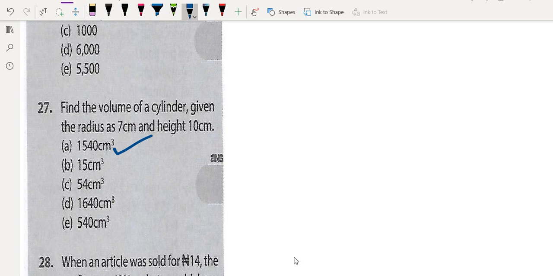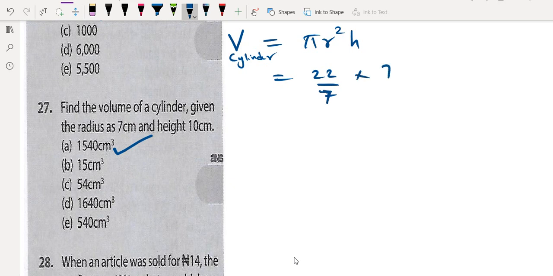Some of you have forgotten the formula for the volume of a cylinder. Volume of a cylinder is pi radius square h. What is pi? 22/7. What is the radius? 7.